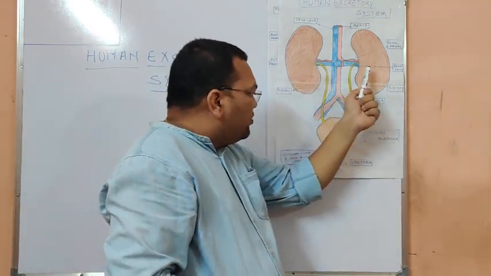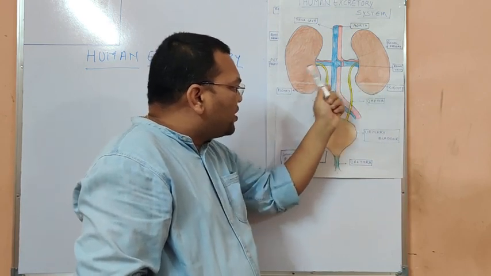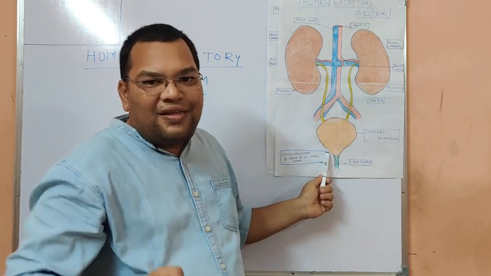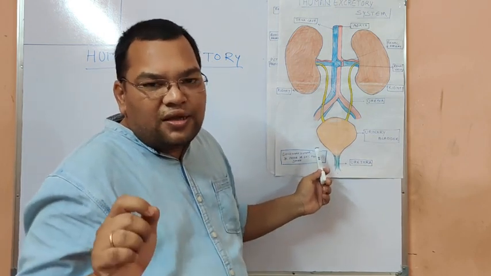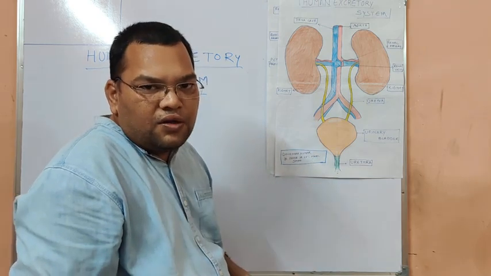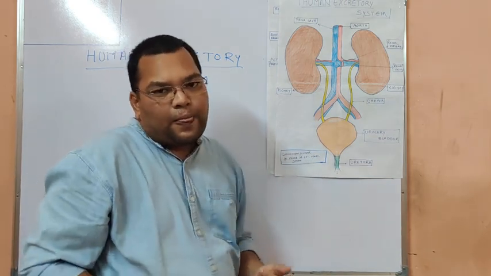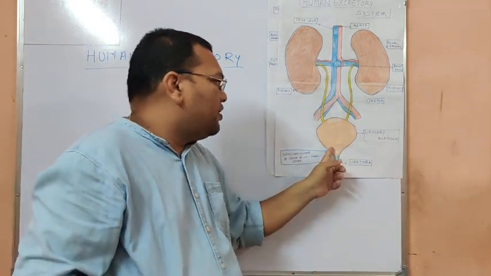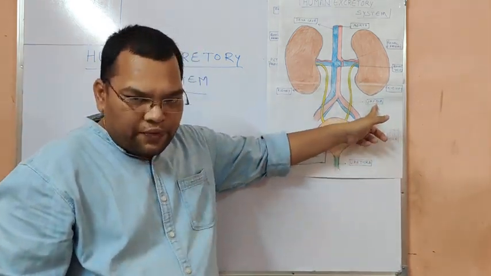Now the urine which is collected from these two kidneys is stored in the urinary bladder. So the urinary bladder is the organ which stores the urine which is formed. The question comes: which passes the urine from the kidneys to the urinary bladder? The answer is the ureter.